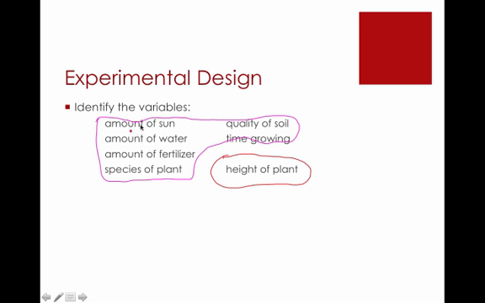Looking at the picture we just had, amount of sun doesn't seem like a likely option because they're all planted in the same location. Likewise, the quality of the soil doesn't seem like a likely solution. But again, you might know something about the quality of the soil that I don't necessarily know. I'm going to focus, just because I chose to, on this variable right here.